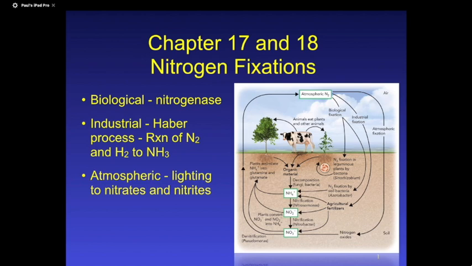Atmospheric nitrogen is the largest source of nitrogen, although atmospheric nitrogen is very unreactive. If you think about not the three-dimensional structure, but the electron structure of a nitrogen, it's a triple bond. That is hugely energetic to break.